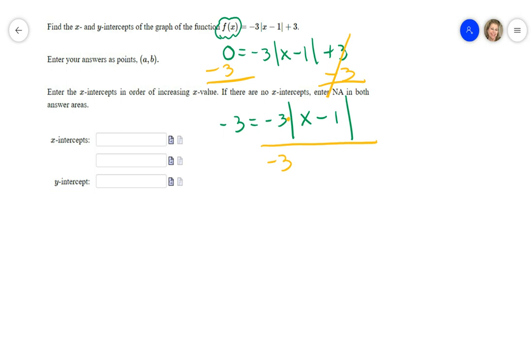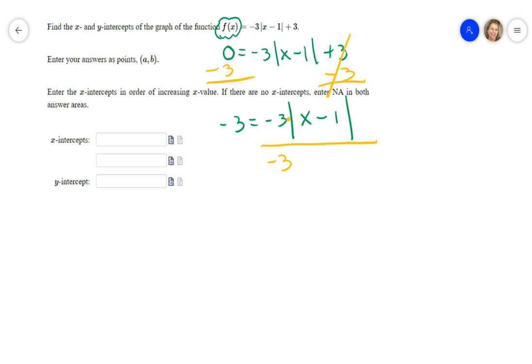However, you cannot distribute over absolute value symbols. They're not considered grouping symbols. Grouping symbols are parentheses, brackets, and braces. Those you can distribute over, okay? Absolute values are not grouping symbols, so you cannot distribute on that.